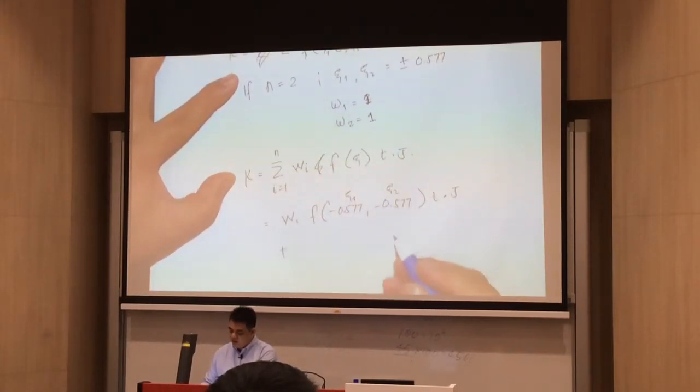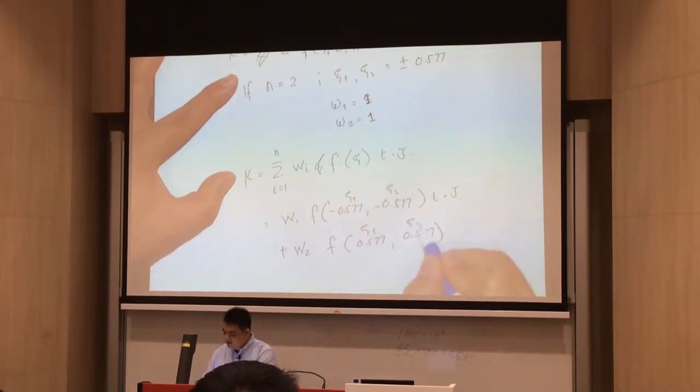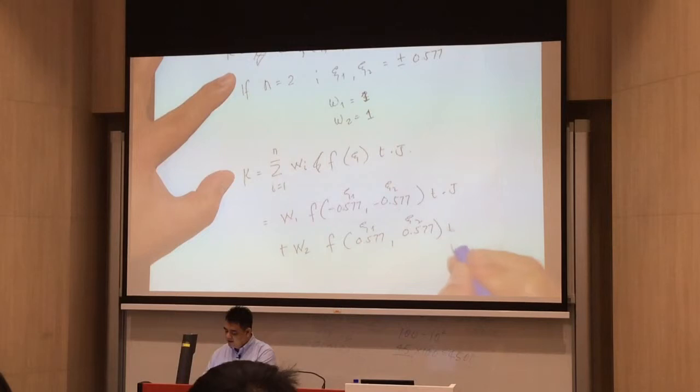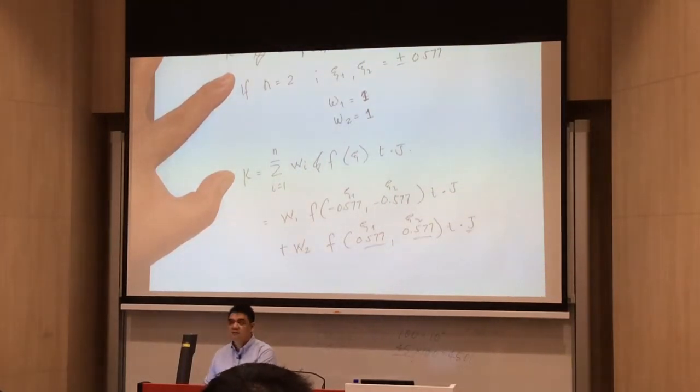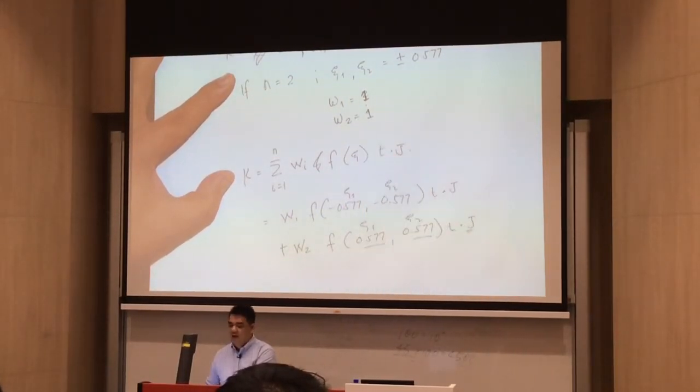Next, i is equal to 1 to 2. So you have now your W2, your function. This one now is 0.577, 0.577. This will be the C1, C2, thickness multiplied by that J, depending on these two values, where W1 is equal to 1, W2 is equal to 1. So meaning that you have to take these values twice.